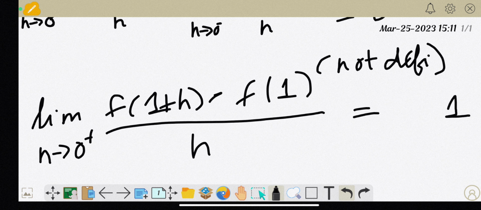And what is this value? Now h is approaching from the right, so it's like 1.00 something. For the greatest integer function, if something is approaching from the right, then the value will remain that value itself.